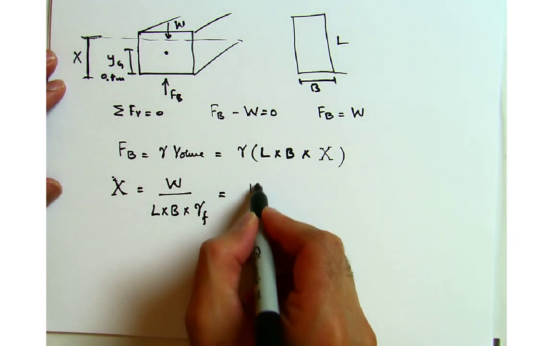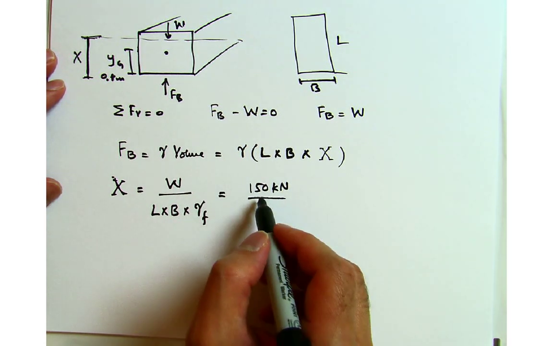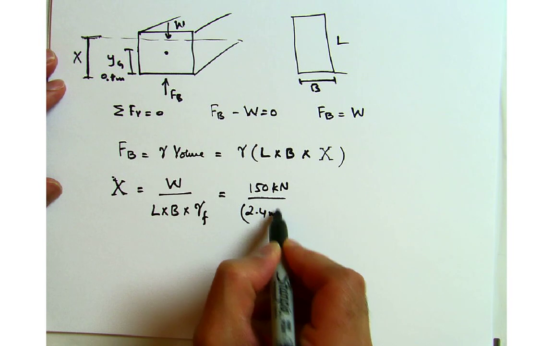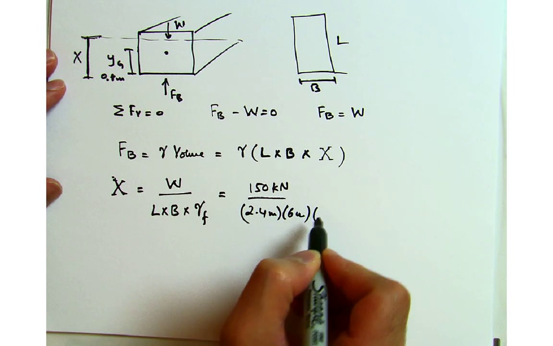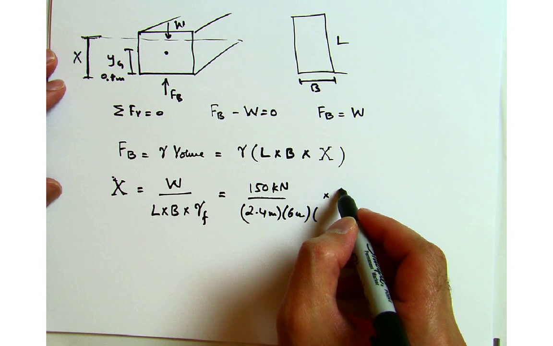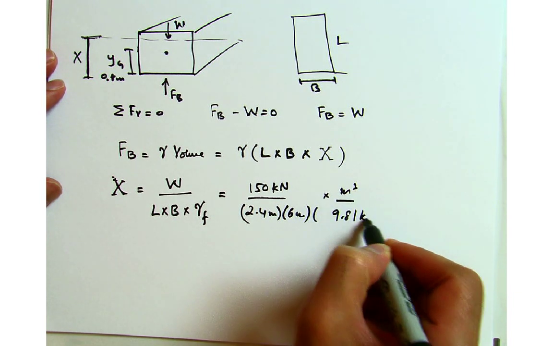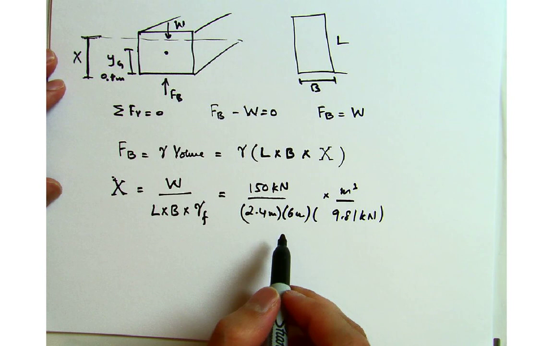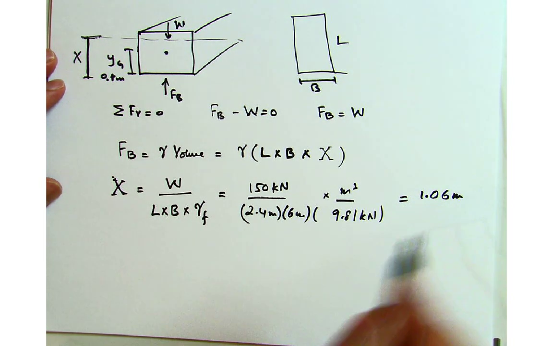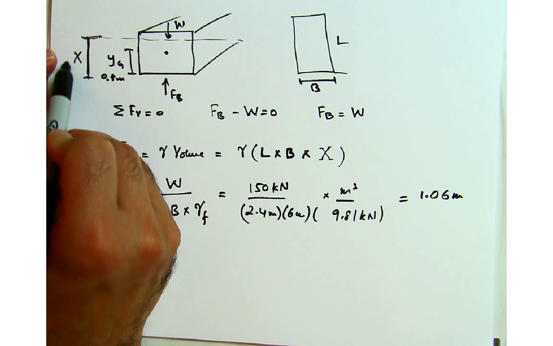Alright, so this is 150 kilonewton. That's the weight of the hull that's given to us. 2.4 meters times 6 meters times, okay, so this is meter cube. This is 9.81 kilonewton per meter cube. So that's what this quantity is, and all of this put together gives me 1.06 meters. So this distance x is 1.06 meters.